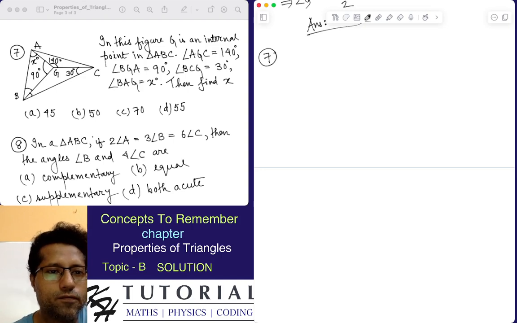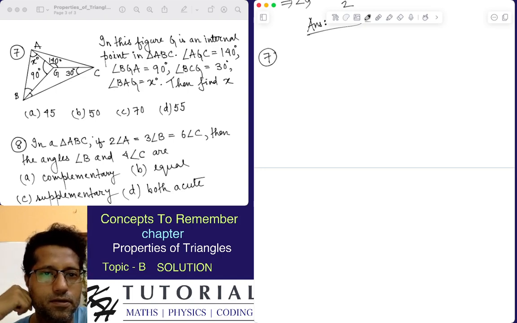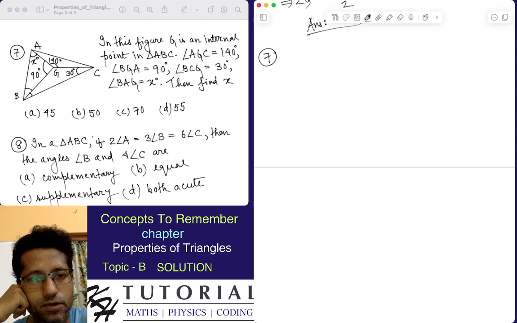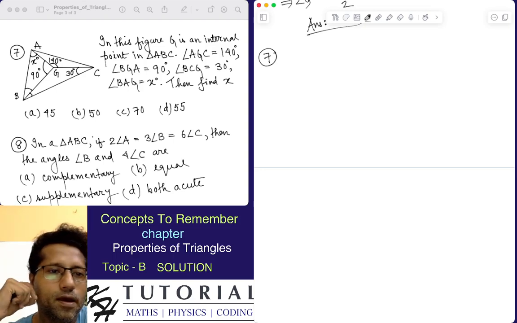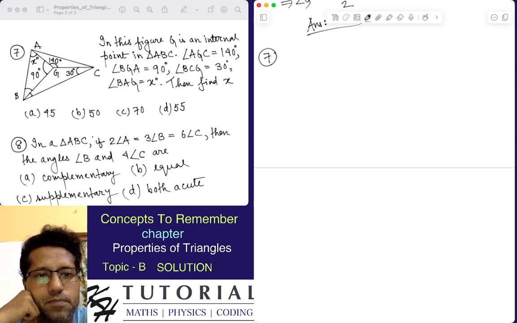Now definitely we have to apply the sum of angles is equal to 180 degree. We have three triangles, so we can find angle BGC.